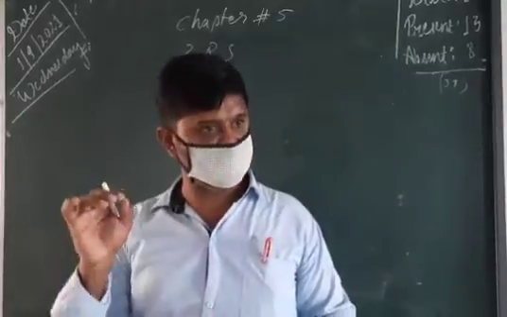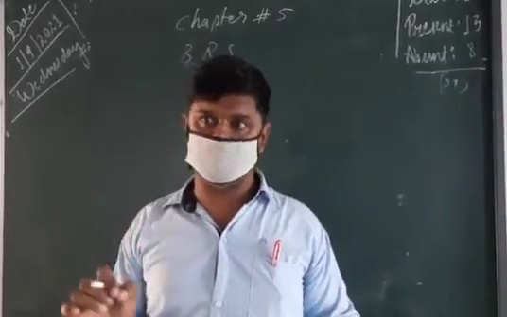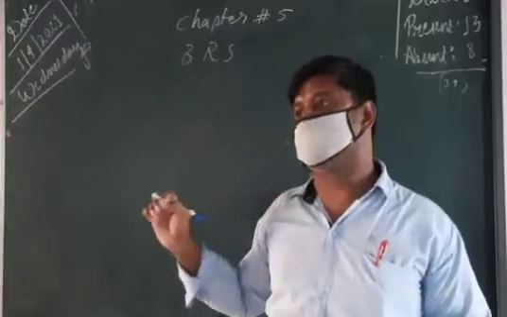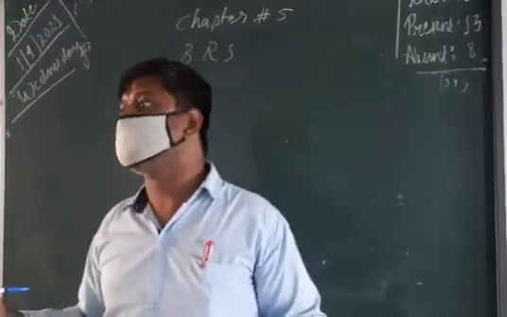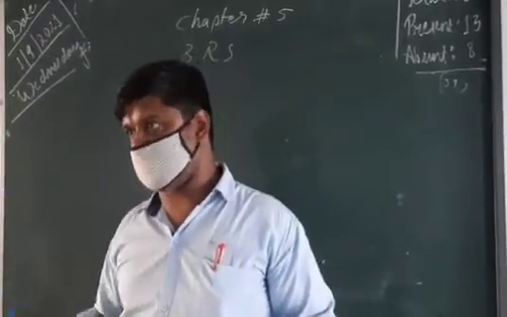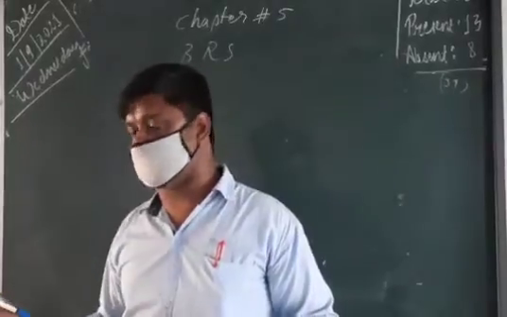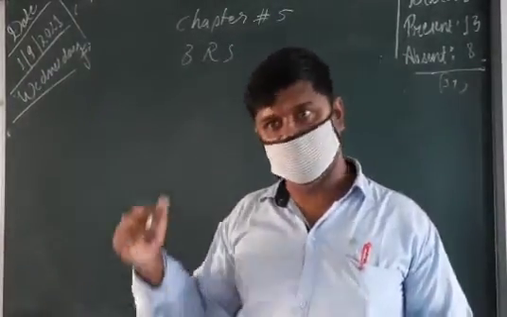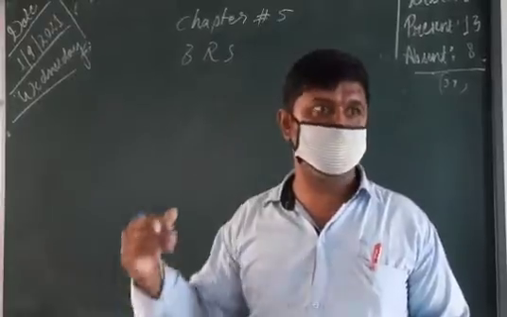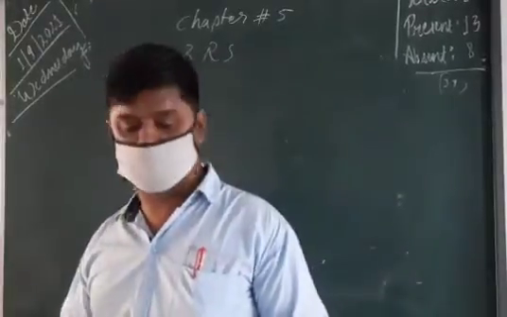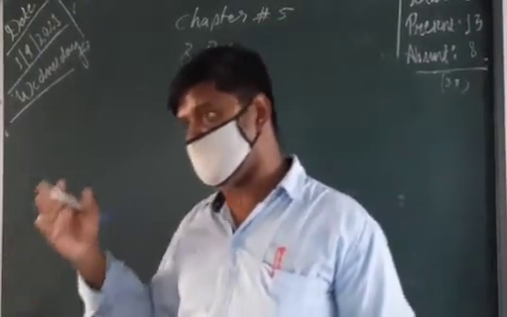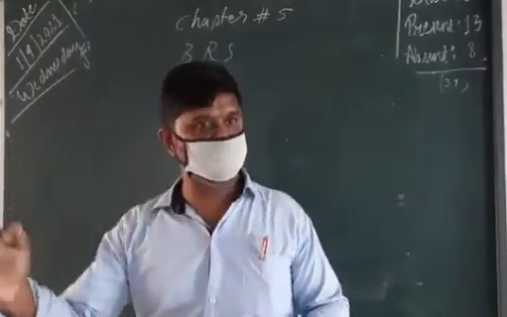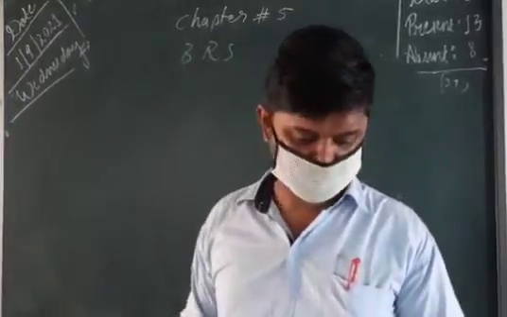When a check is issued, we record it in our cash book, but it is not withdrawn, the amount is not reduced in the bank. So in the cash book we reduced that amount, but in the passbook that amount is not reduced.